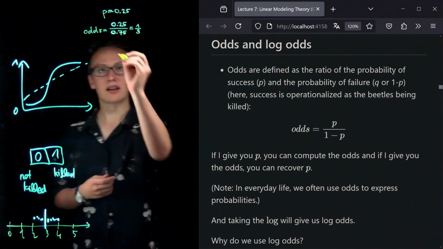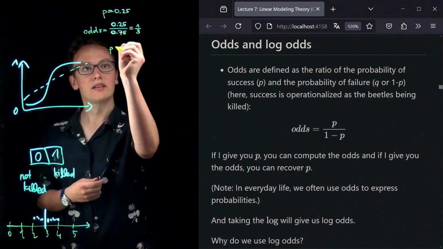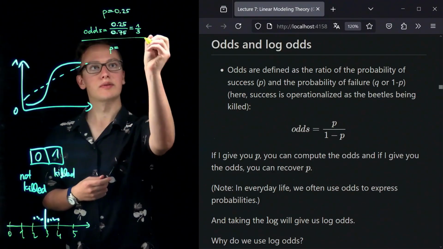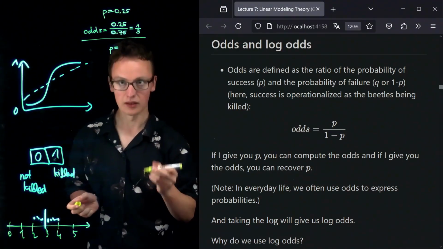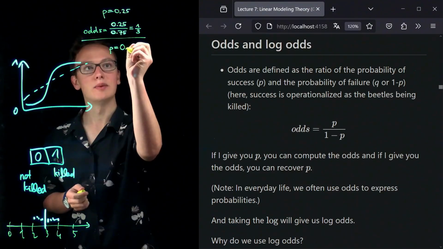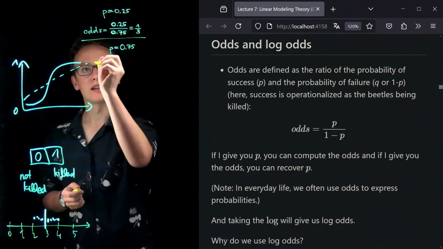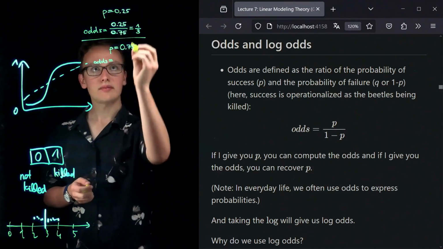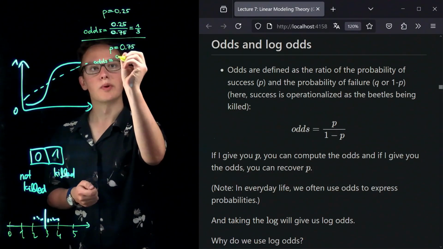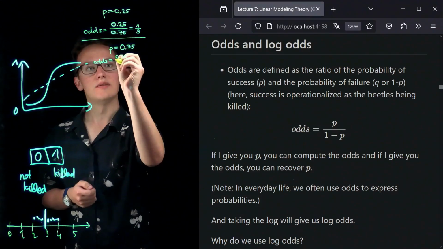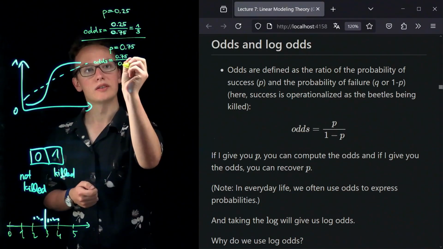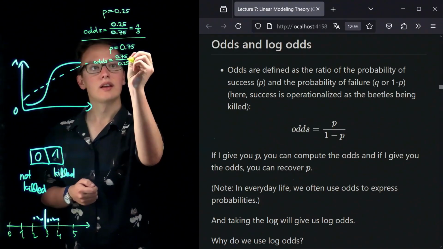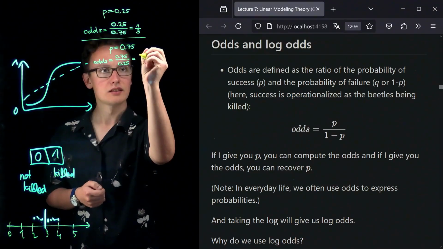Or if we take the other example where we have a probability higher than 1/2, we could have probability being 75%. In that case, the odds are 0.75 divided by 0.25, and this will be 3.